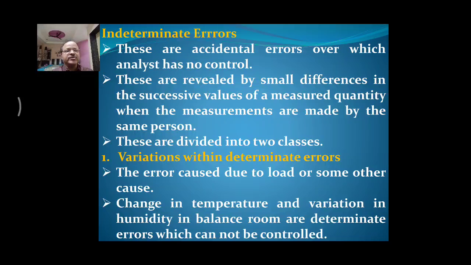So this is variations within the determinate errors. Change in temperature and variation in humidity in the balance room are determinate errors which cannot be controlled.